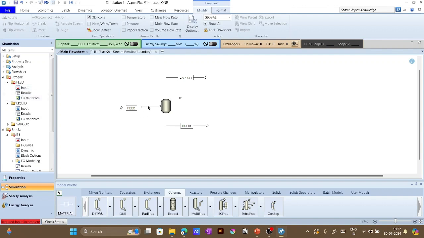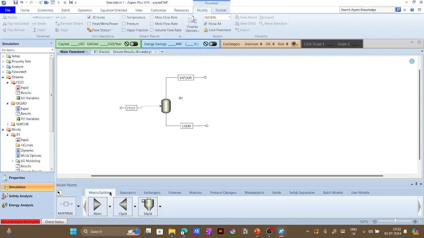For the flash drum calculation, I need to provide at what condition the feed is coming and what condition the flash is operating at, and based on that I can calculate the vapor and liquid fractions of the flash. Thus these two parts are not required streams, but these two are. So when we are using different blocks, presets of data are already defined to show which inputs are mandatory and which are optional.